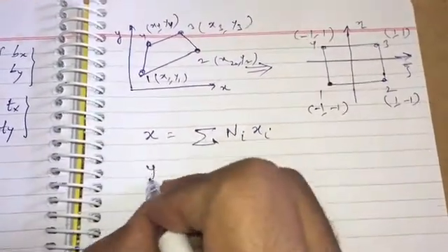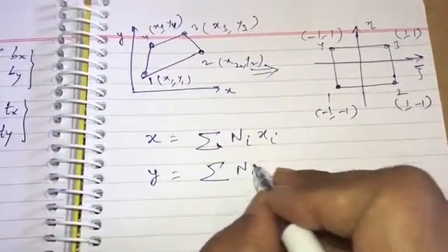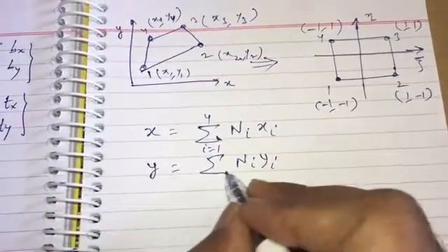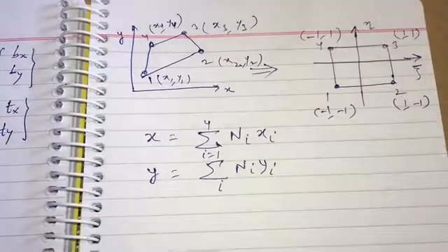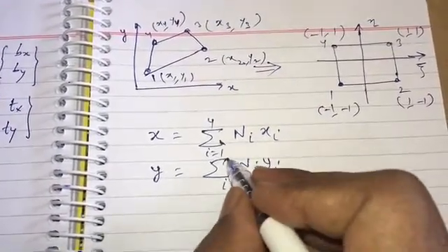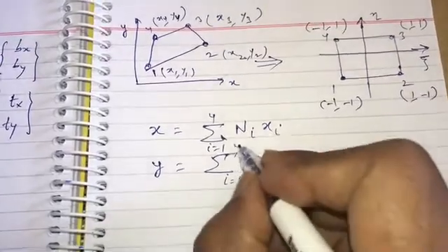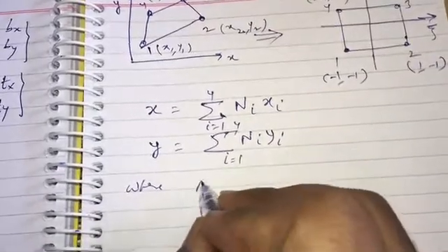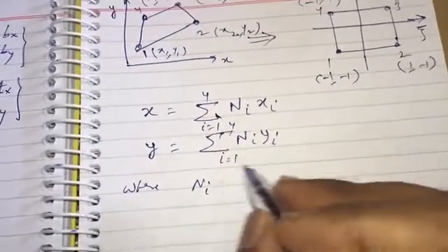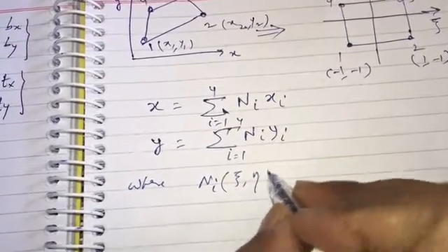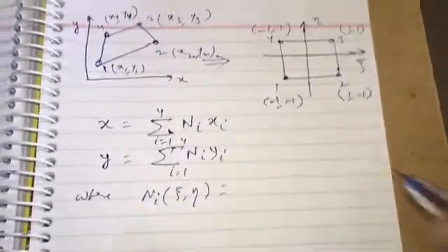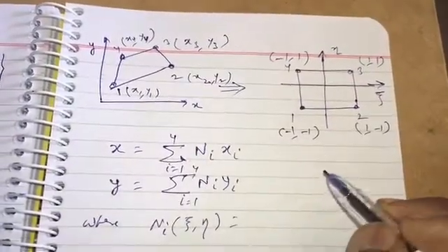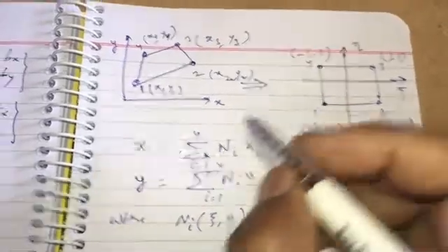Similarly, y will be given as sum of N I y I, where I goes from 1 to 4, where N I is a function of xi and eta and will be got from here. So, this is the isoparametric element, but this we have done already.